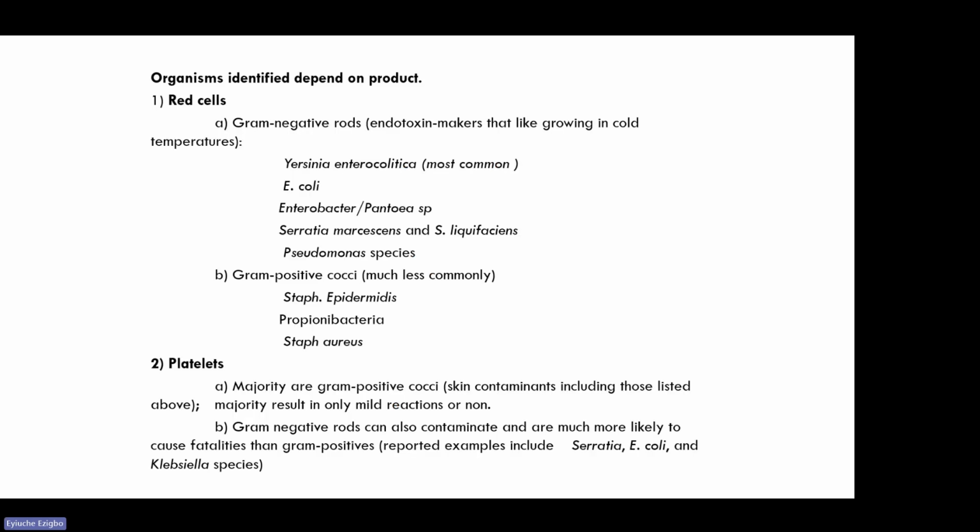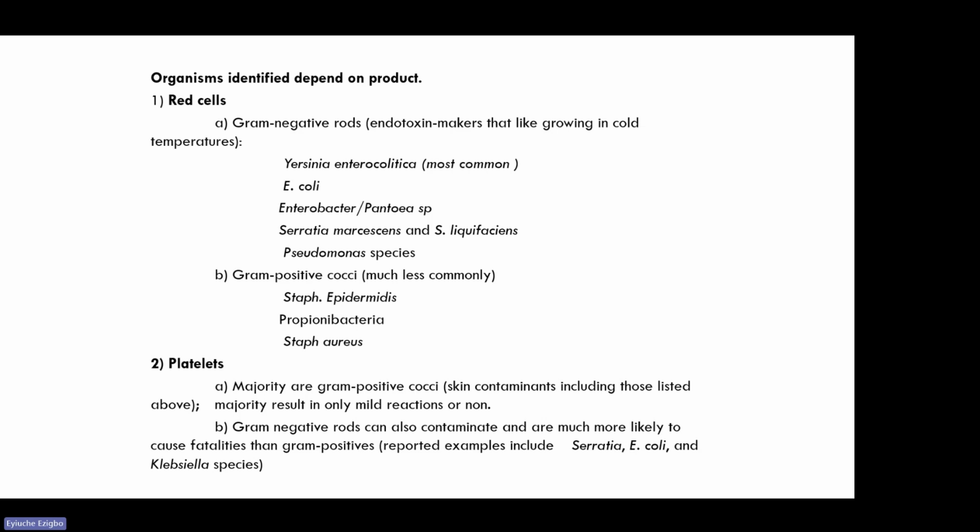So the organism identified depends on the products. Is it platelet concentrate? Is it red blood cells? Is it plasma? Depending on the product, there are some organisms that are mostly implicated. For the red cells, we have mostly gram-negative rods, such as this. We also have gram-positive cocci, such as these ones.